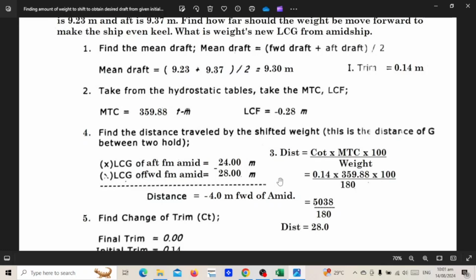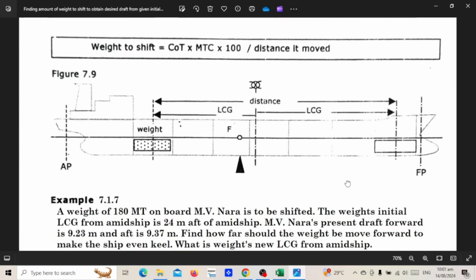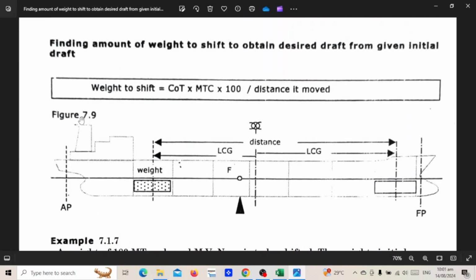Why? Because, guys, take note of this formula. Weight to ship equals change of trim times MTC times 100 over distance it moved. Now, do we have the weight here?